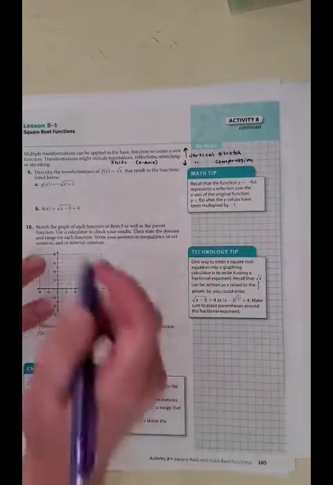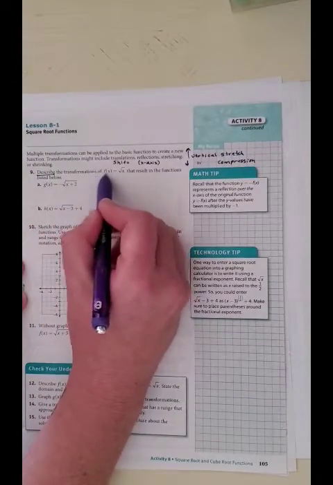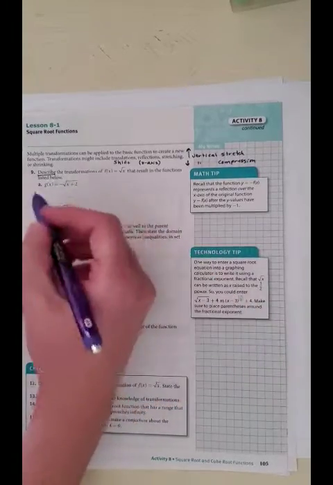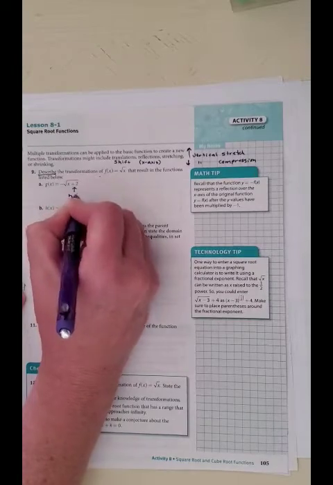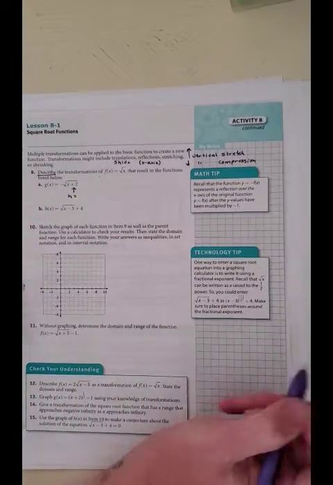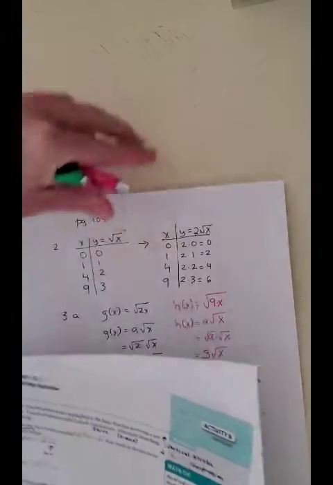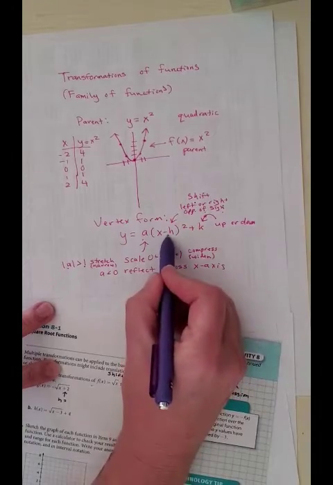All right, describe the transformation of the parent function that results in the functions listed below. So what I see here, our h value, now be careful, h is not 2. Remember, back on the previous page where we talked about transformations of functions, h is this value right here.